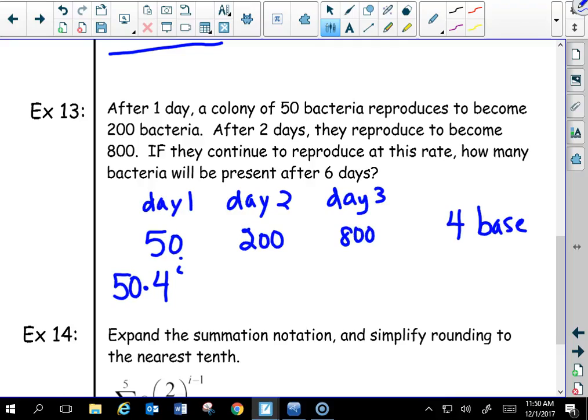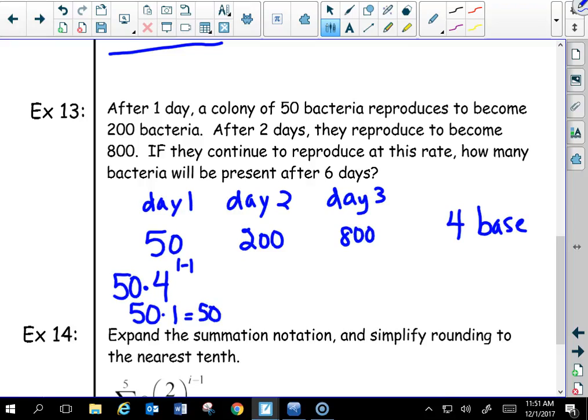So in order to get, on day 1, a 50 out of that, my exponent needs to be 0. So if I have 1 minus 1 here, I'm going to get 50 times 4 to the 0 power, which is 1, which is just 50.